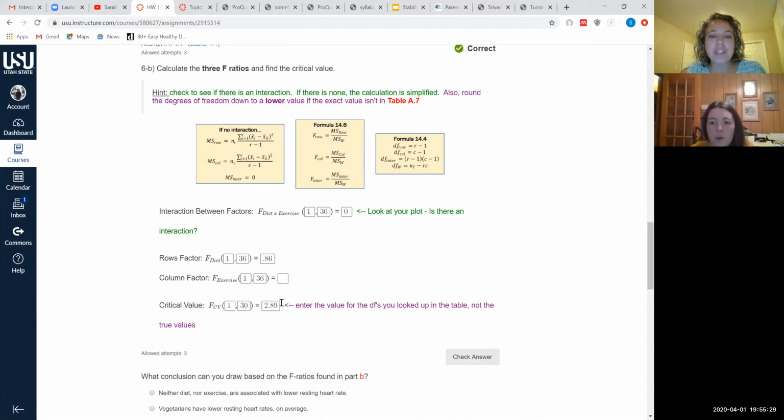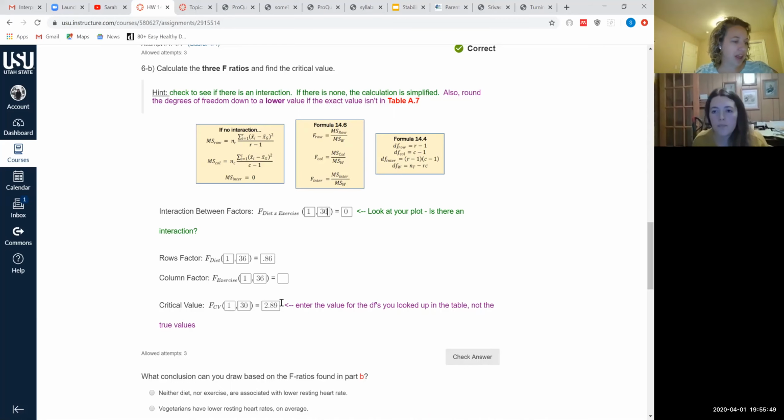We need to be looking at an F table with the 0.05 alpha, and then for degrees of freedom 1 and 30, but I think that is not going to be 2.89. I can go back and look at that. I don't have the table handy. It's in my office.